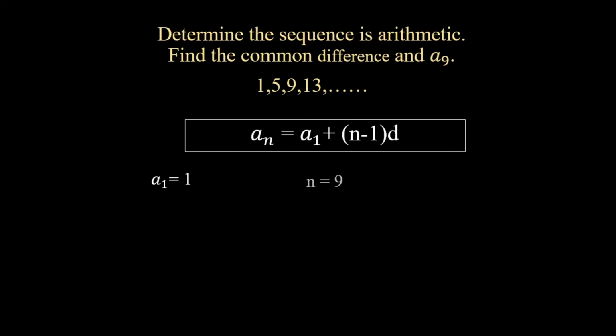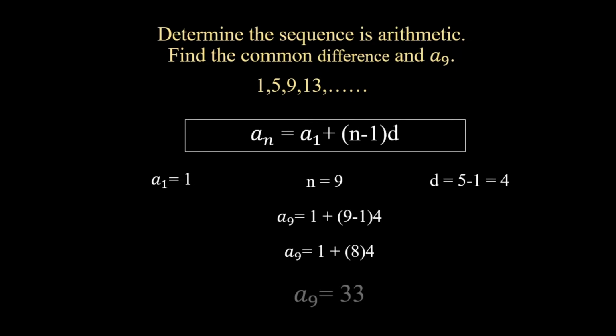So n in this question is 9, and d is the common difference. Common difference is the second term minus the first term, so it's 5 minus 1 equals 4. So when you substitute all of it in, you will get a sub 9 equals 1 plus 9 minus 1 times 4. So you get 1 plus 8 times 4, so a sub 9 equals 33.